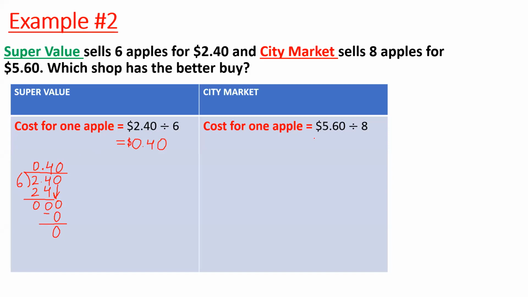Now we're going to go here and figure out the cost for one apple on this side. So it's going to be equal to, let's divide 8 into 5.60. How many times does 8 go into 5.60? We know we have to put the decimal point in front there, and that's 0.